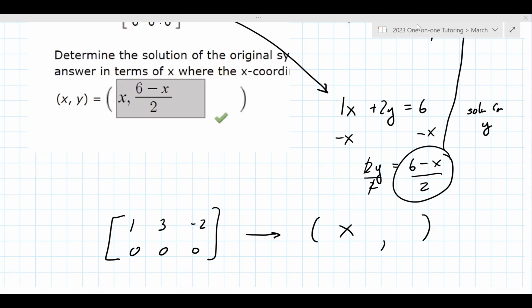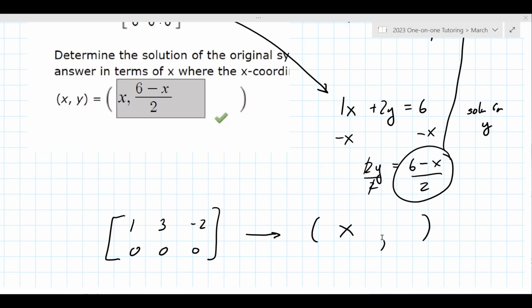Should I say what I'm doing, or should I just do it? It's up to you. Some people like to say the steps. I want to know if you have any questions, and see if you can work this out, so try it on your own. If you'd like to say the steps out loud, you can.